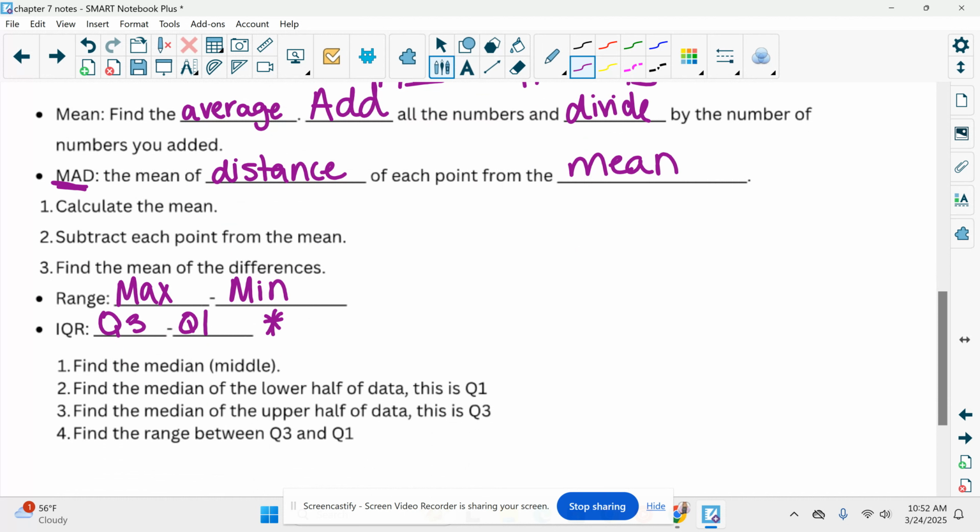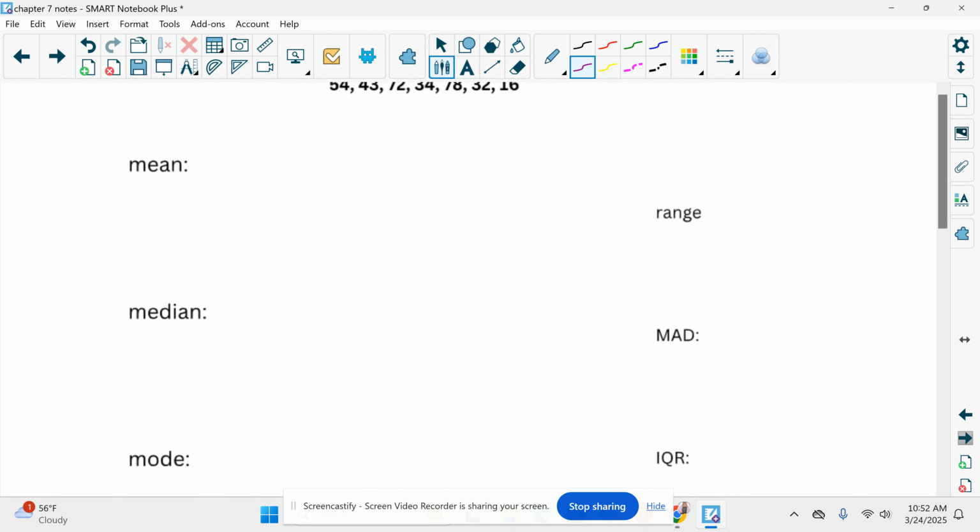These are the steps for finding Q3 and Q1. Find the median. Then find the median of the lower half, find the median of the upper half, and then find the range between the two. Okay? So we're going to put that into practice when we flip it over.